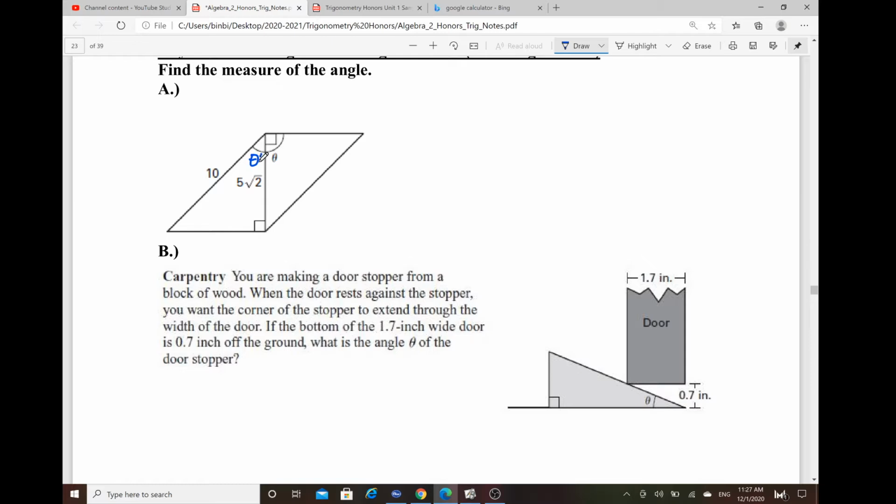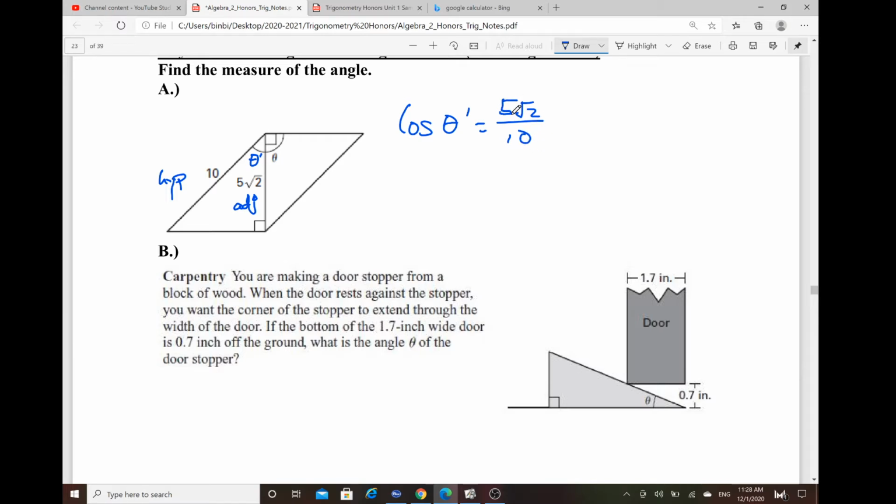In order to get that theta prime, we want to use the trig ratios. The one that's given here is considered adjacent, and the one over here is considered hypotenuse. Again, adjacent is always the side length right next to the base angle. So adjacent, hypotenuse means we're using the ratio of cosine of theta prime, which equals 5 root 2 over 10, adjacent over hypotenuse.